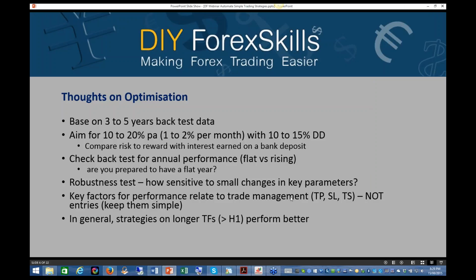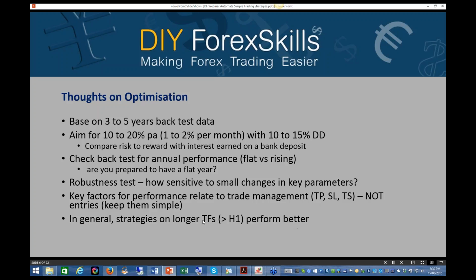The other factor I find in all of these strategies is that the entry is best kept very simple, and I'm going to show you that in a minute. The key aspect about making strategies profitable is the trade management: the level of the take profit, the stop loss, and the trading stop.